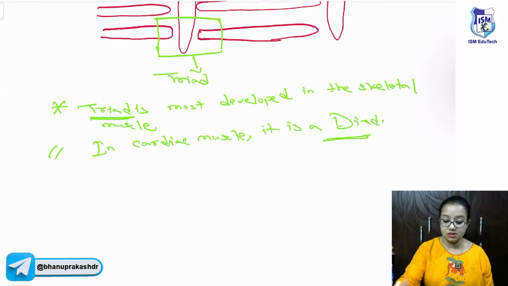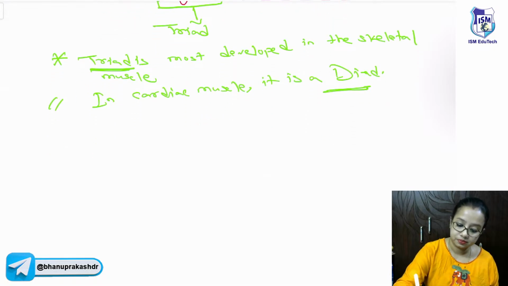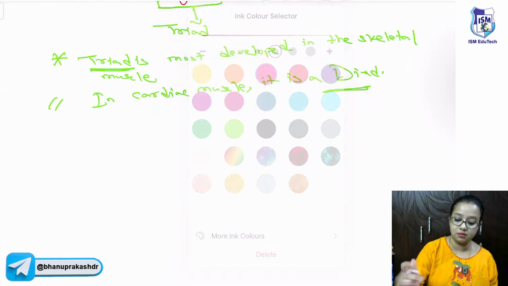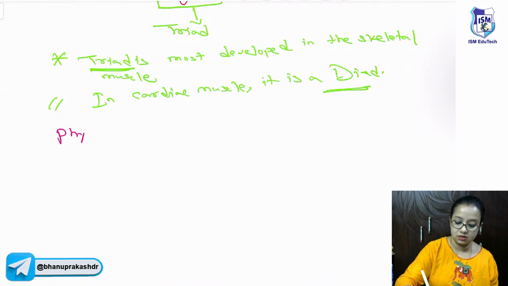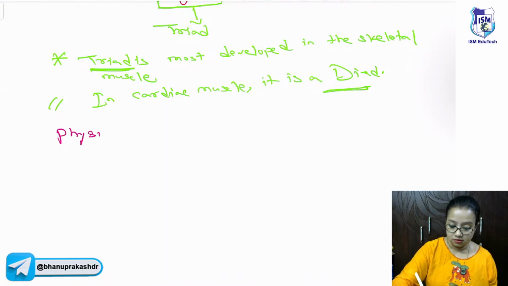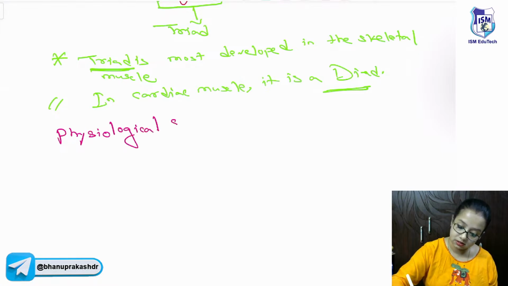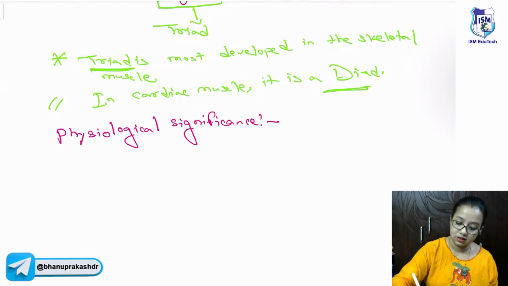Now, why is this triad important? What is the physiological significance of a triad?